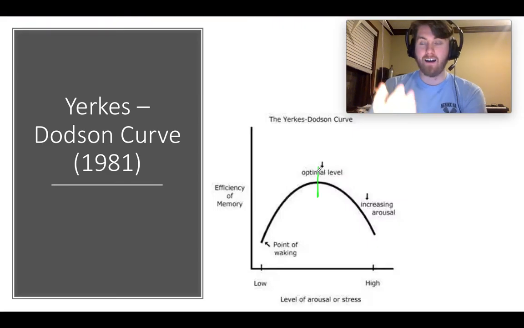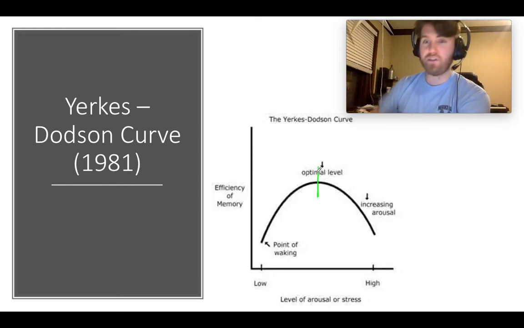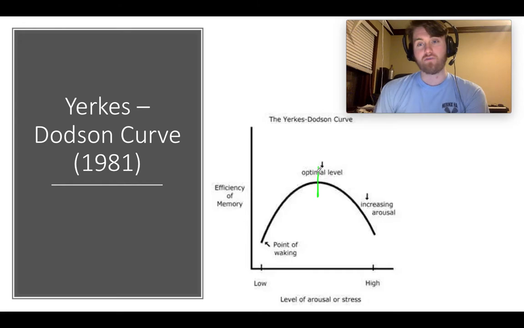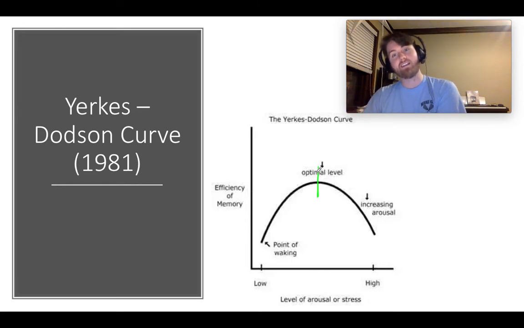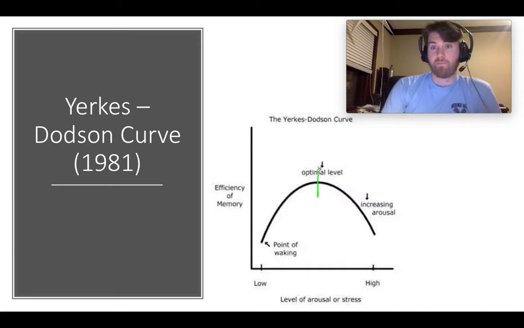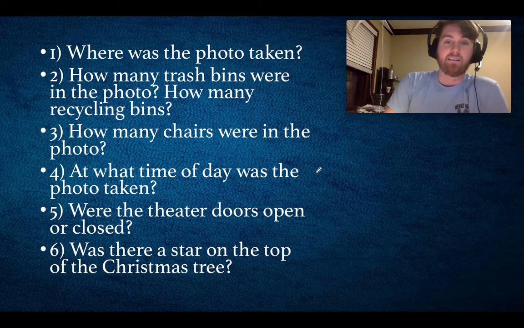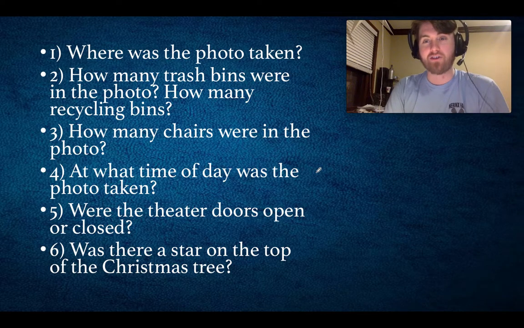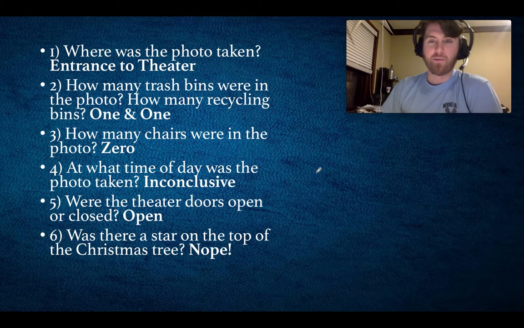Now, what else happens is that whenever you become more and more stressed, there's a point where it starts to drop off, and your memory actually degrades past that point. So stress has both a benefit and a negative, and it really depends on what exactly you are going to try and figure out. So again, if I ask you these questions, how many of them do you think you would have gotten right in front of the class?